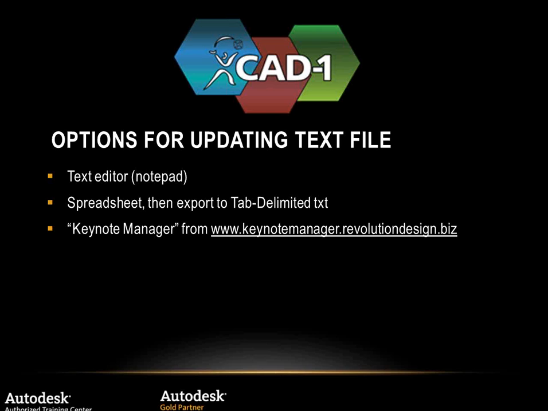We've looked at the text editor option. We've looked at a spreadsheet. If that seems like something that might work for your company, feel free to explore that option. The third one is actually, I heard about it a short time ago, and I just downloaded and installed it last night. There's a Keynote Manager. It's a third-party plugin.